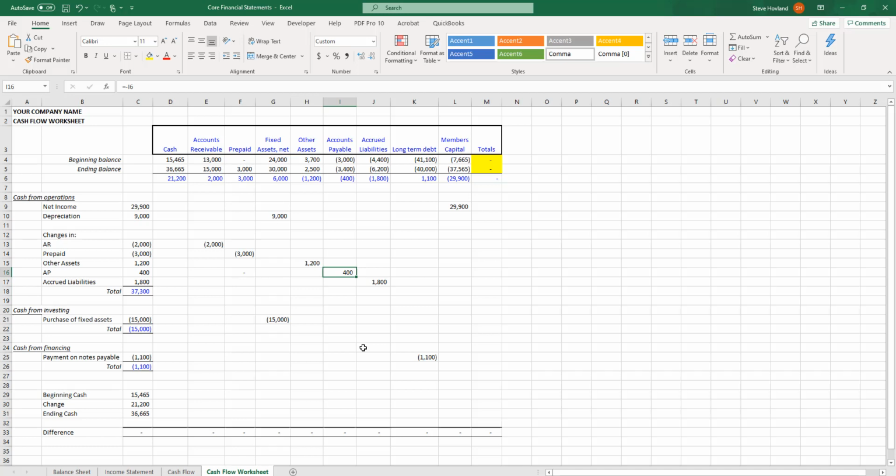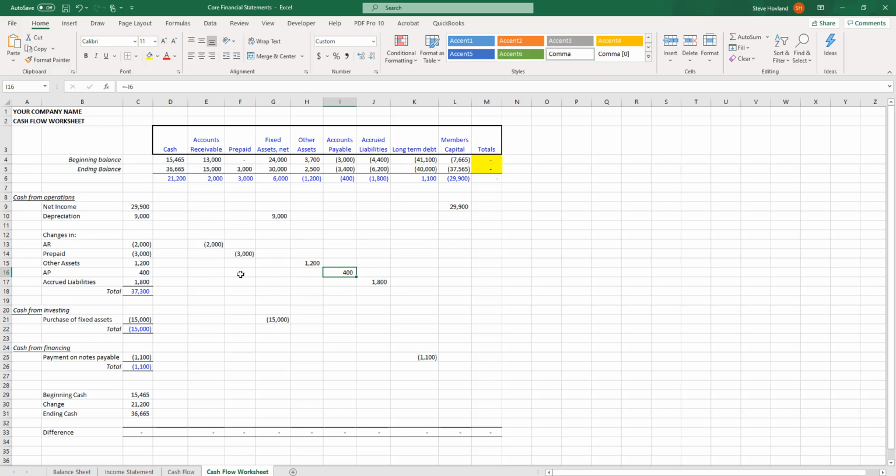Now accounts payable, if accounts payable goes up, that means you have an expense, but you haven't paid it out yet, and so you technically kept cash, because you got that equipment, or you have that expense, but you haven't had to pay the cash out yet, and so that's why it's going to flip and be the opposite. So that's going to be your change in AP, accrued liabilities, the exact same thing.